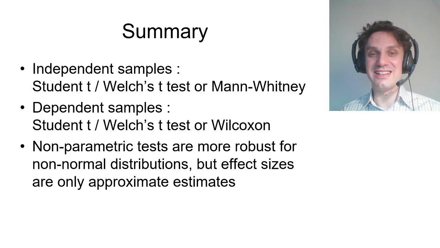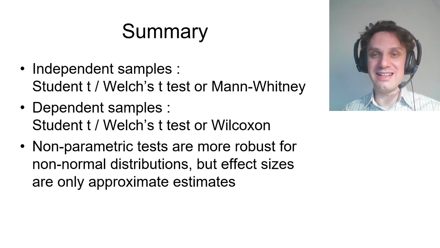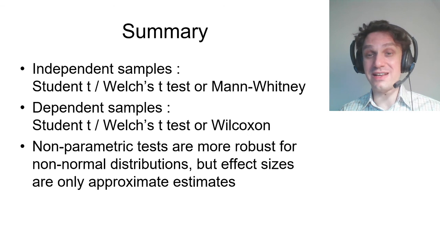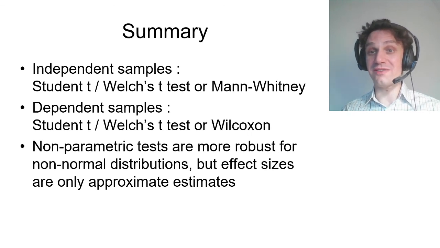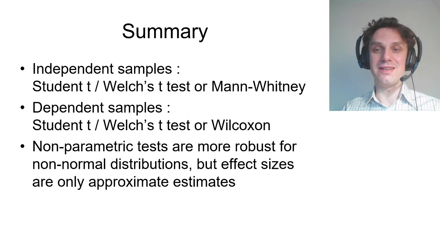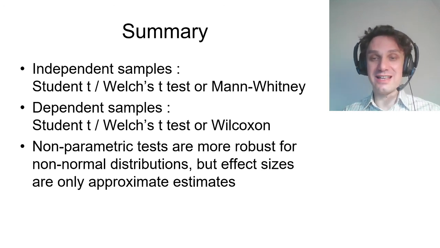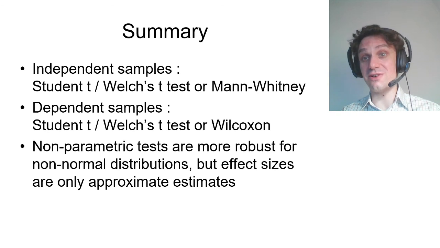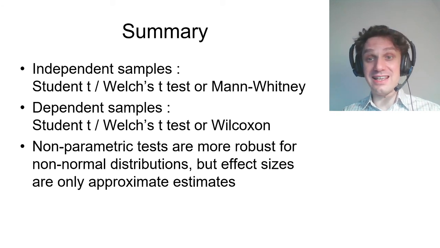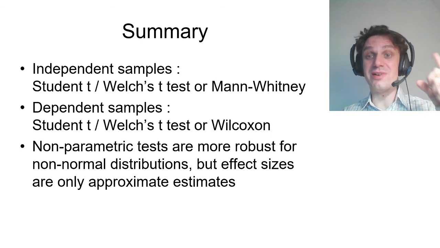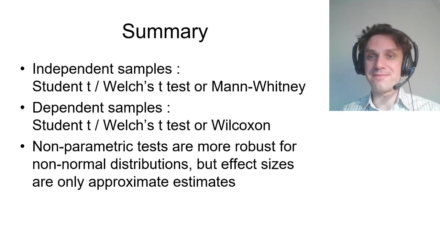So to summarize, we have student t-tests for independent and dependent samples. We also have its robust version, which is called Welch test, which is better in most situations. But in case if your scale is ordinal, or in case if your distributions are strongly non-normal, it's best to use Mann-Whitney test or Wilcoxon test, because your statistical power to detect the effect that you're looking for will be higher.